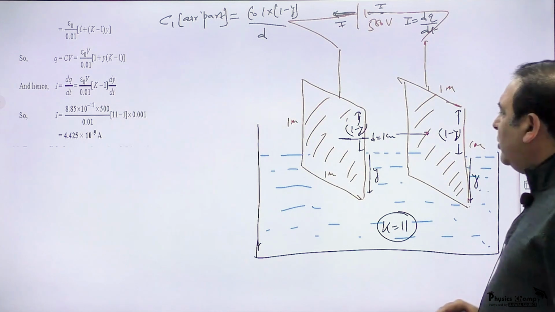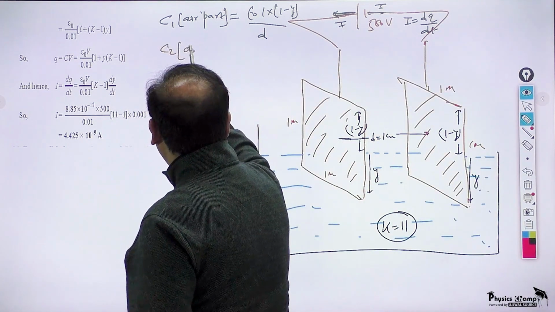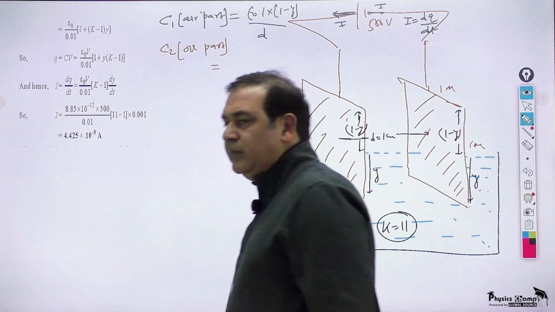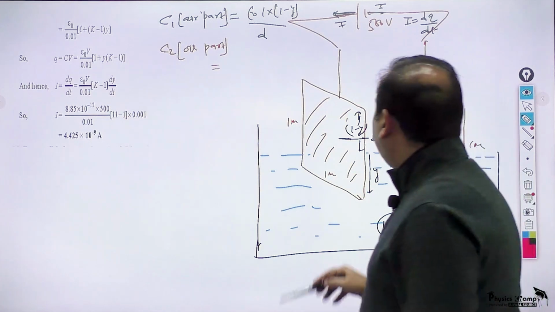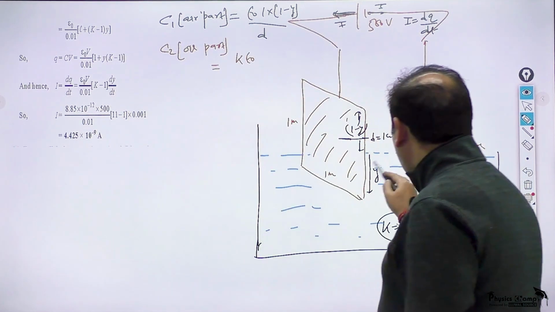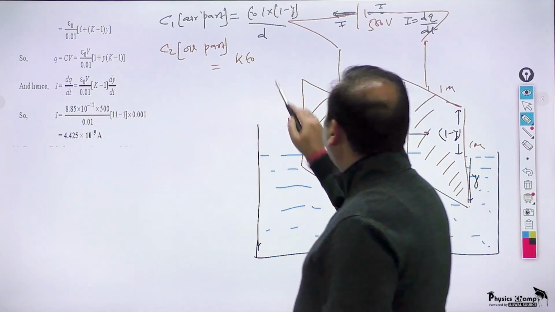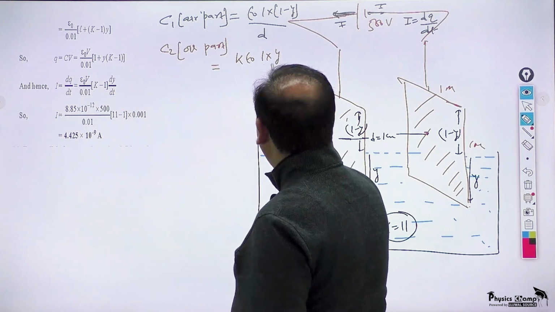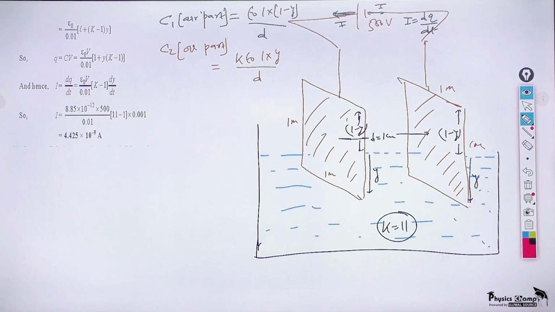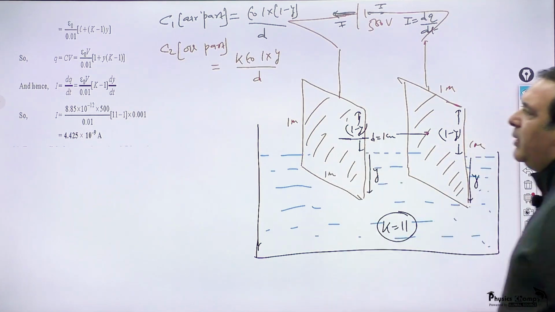Similarly, let's look for the capacitance C2 for the oil part. For the oil part, it will be K epsilon naught, because it is oil which is filled in the gap between the plates, into 1 into y by d, because this side is 1 and this side is y, so its area will be 1 into y.